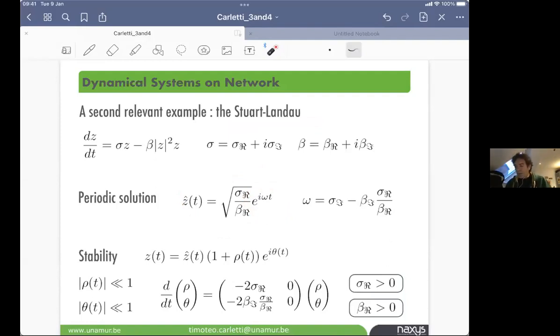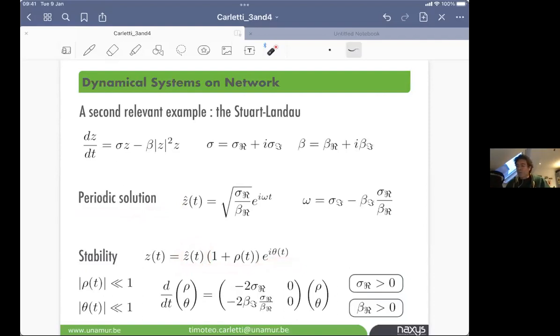Okay, so how can you linearize your system around this periodic solution? You take your periodic solution and you add a perturbation. I decide to add the perturbation in the following way. I multiply by 1 plus rho, where rho is a real function, small in some sense, times exponential i theta of t, where theta is another real function, again small.